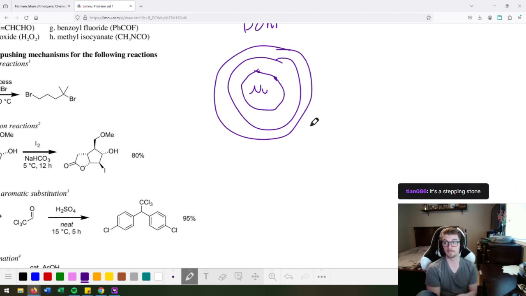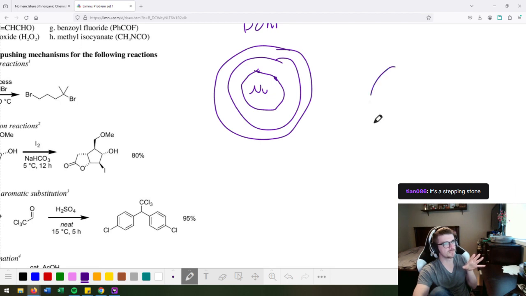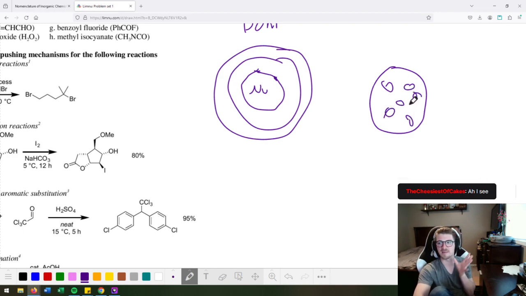It was a stepping stone, because before the Bohr model, I think it was Rutherford who had this plum pudding model, they called it, where you've got all these embedded electrons around a nucleus.